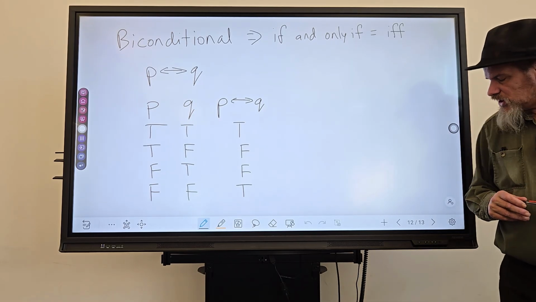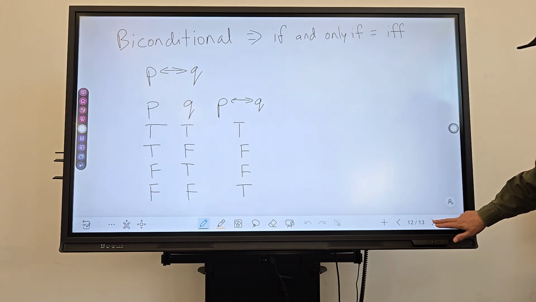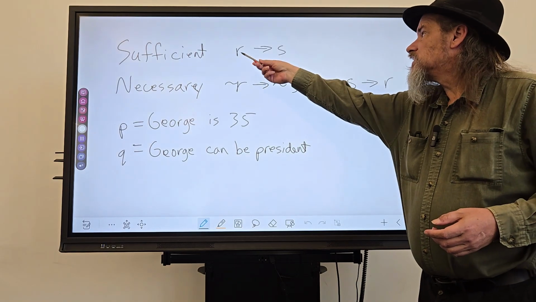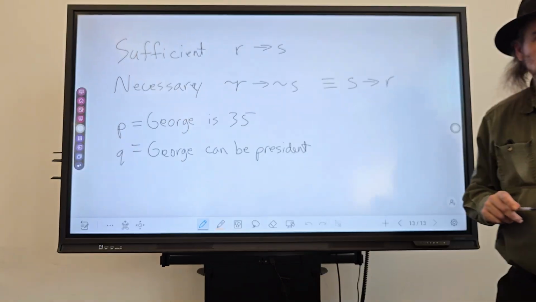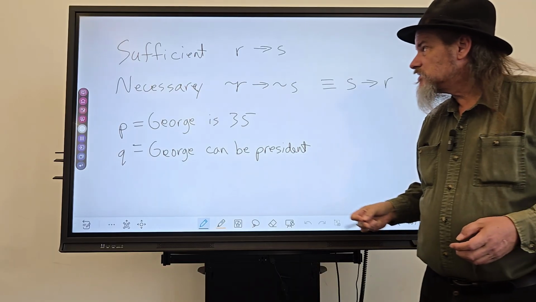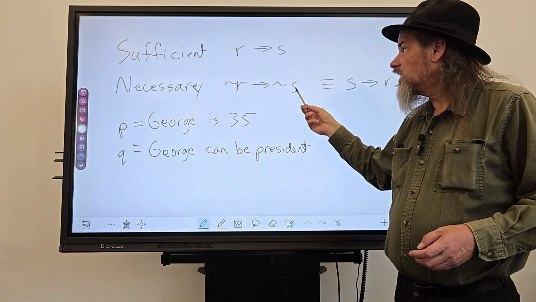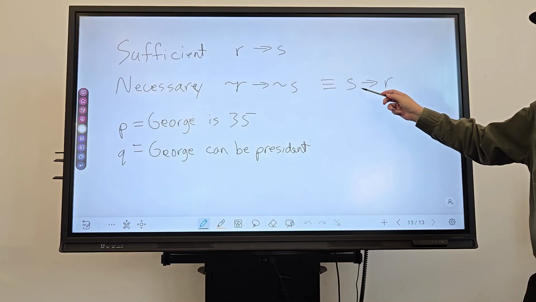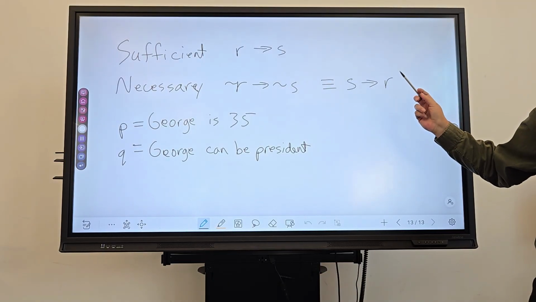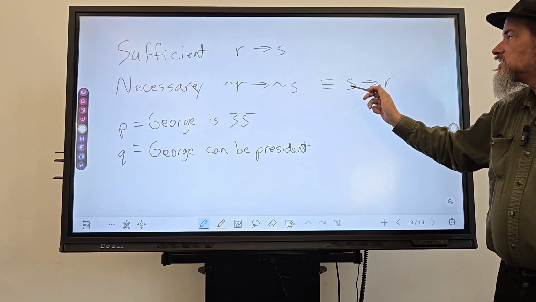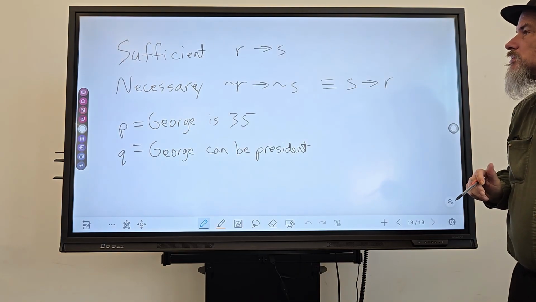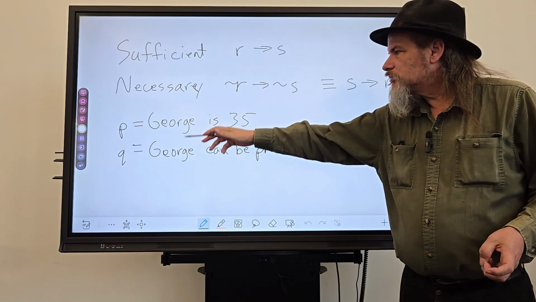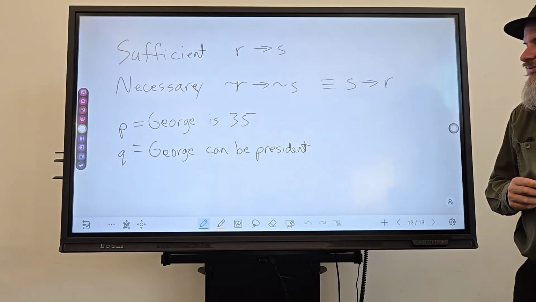Necessary and sufficient conditions. Sufficient: if R then S. Necessary: if not R then not S, which is equivalent, by the contrapositive, to if S then R. So take P and Q. P is George is 35.